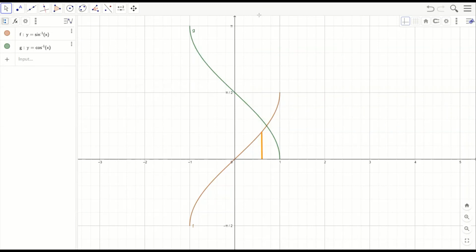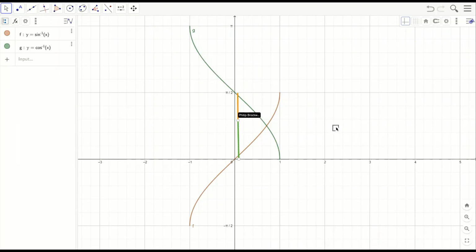I'll use the green. So if we take that value, so that's going to be the value of arccos. So the green line is arccos. I'm just going to move them now. So two different measurements. Now, if I just stack them on top of each other like this, hopefully they fit.